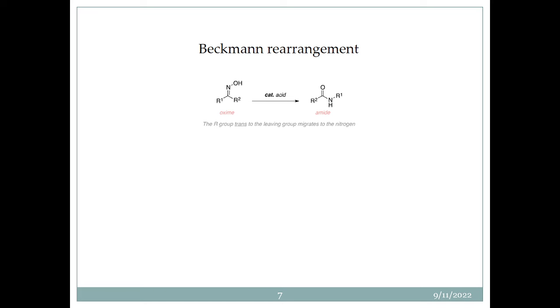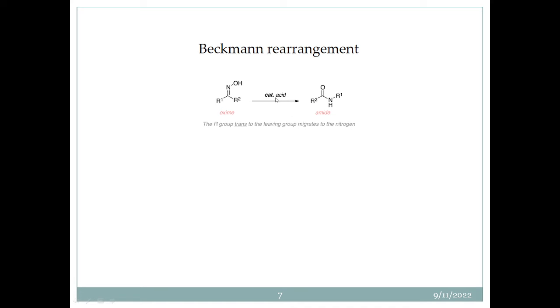Now this is another rearrangement, and there are a lot of studies on this, and the name is Beckmann rearrangement. I hope you know this reaction. If you don't know, I will show it in a very simple way. You have this oxime, R1 R2 substituted C=NOH.